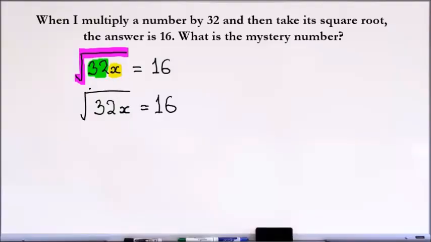Now, your square root sign here needs to be moved from this side to the other side, across the equal sign. You've got your equal sign here. We need to move it. Now, when we do that, something happens.